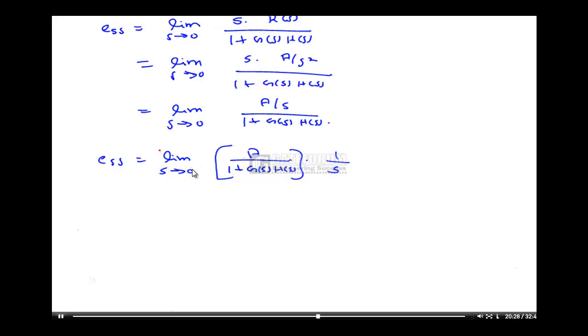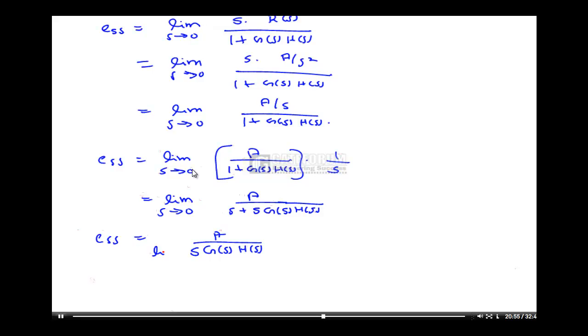Okay, so in this case I can write it like this: A upon s plus s into G(s)H(s). So e_ss will become A upon s G(s)H(s), limit s tending to 0.